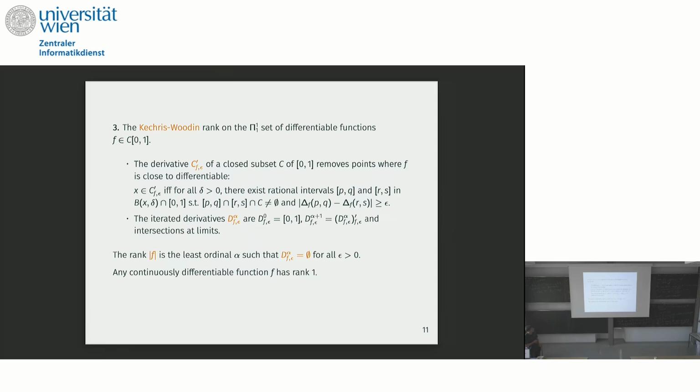The derivative removes points where the function is close to being differentiable. For example, this rank is built so that continuously differentiable functions have rank 1. If you just do one derivative, you remove points where f is very close to being differentiable, you remove everything. So this means rank 1. Again, there's this pi11 set, and it has a natural rank. Just an example. We don't need it.